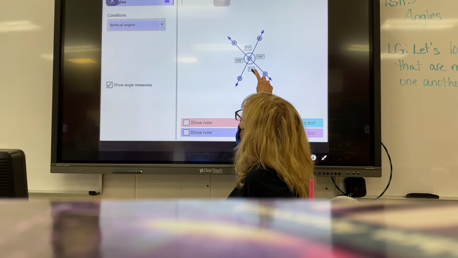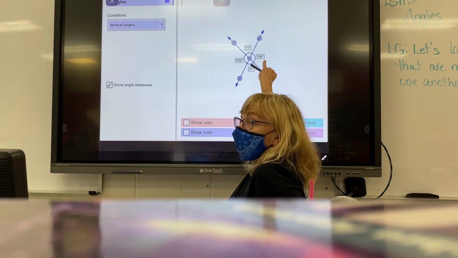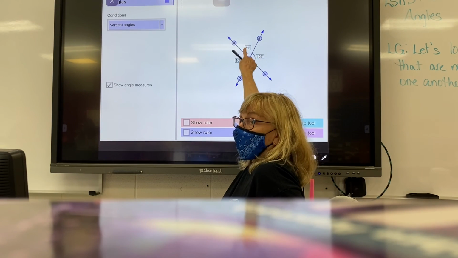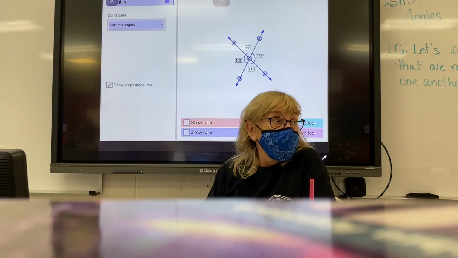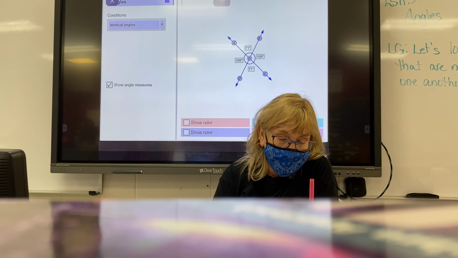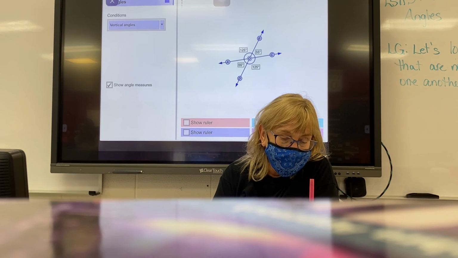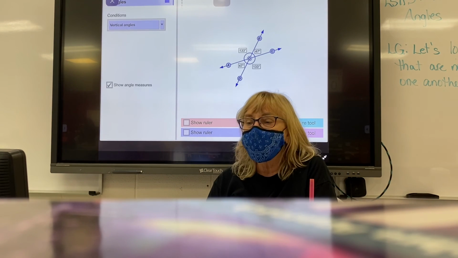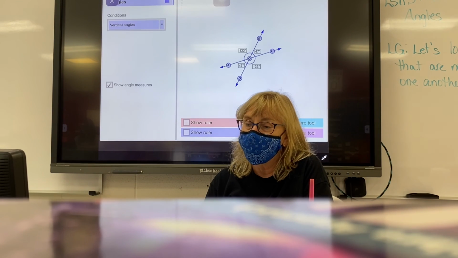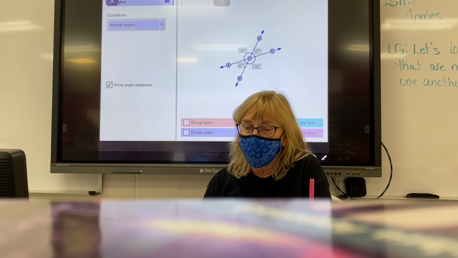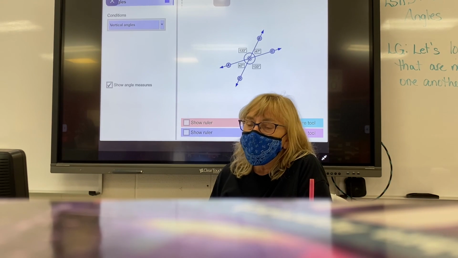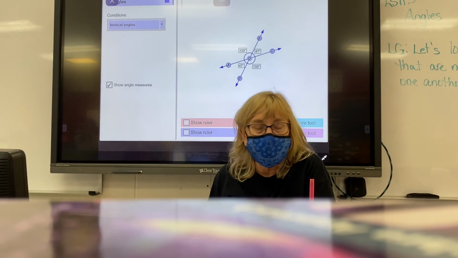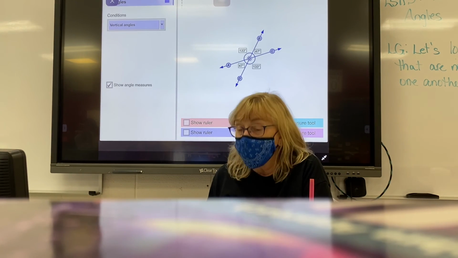Do these vertical angles equal 180? The adjacent angles equal 180 when you've got two lines intersecting. But the vertical angles always equal what? I got confused. That's okay, that's why we're here, so fix it. Okay, good. Vertical angles always have the same measure. And you used the proper term, they are congruent.